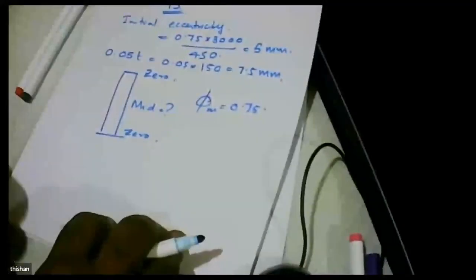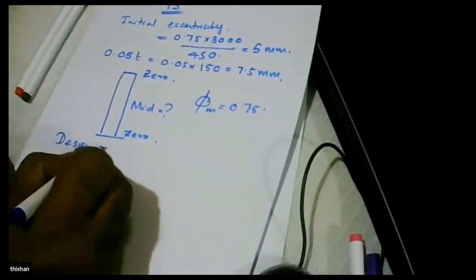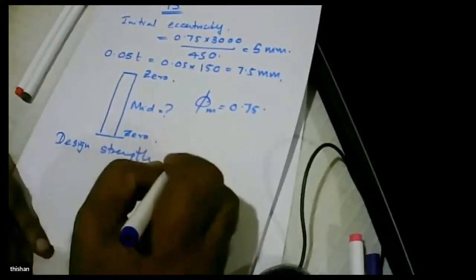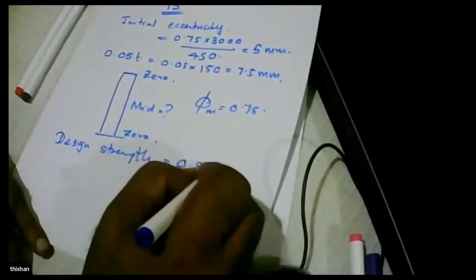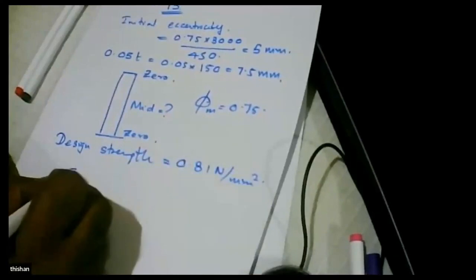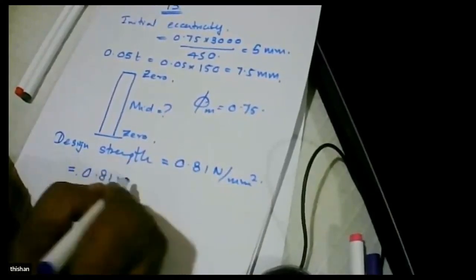So that means although we have a design strength of 0.81 newtons per millimeter squared, to allow for slenderness effects we have to multiply it by 0.75.